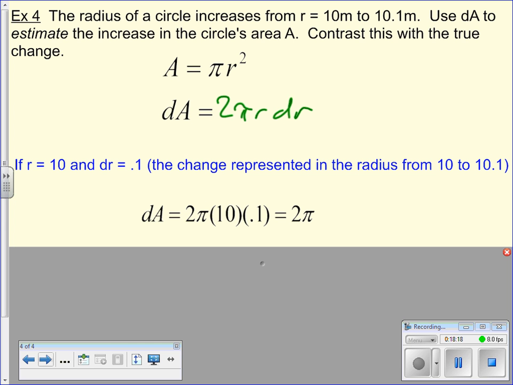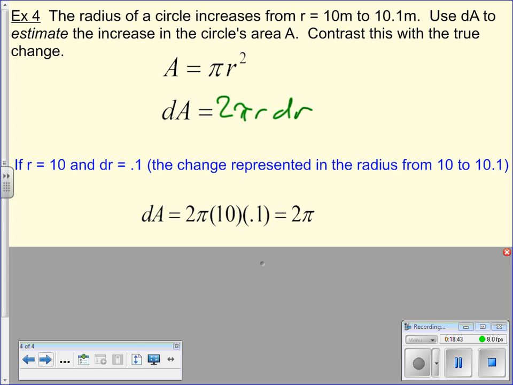Our change in area is 2 pi. So when our radius went from 10 meters to 10.1 meters, the area changed by 2 pi square meters.